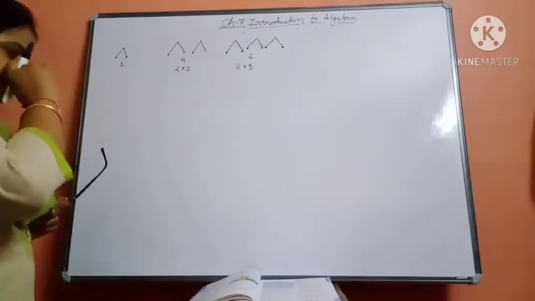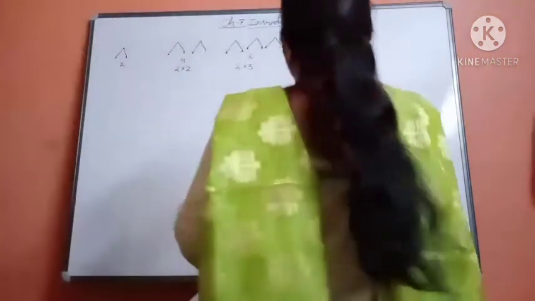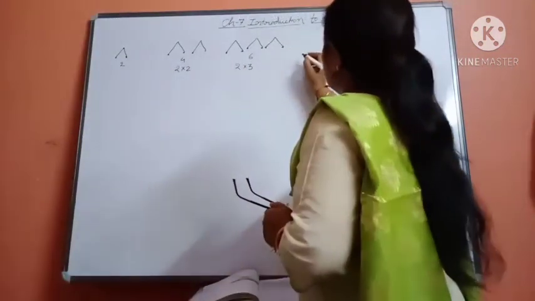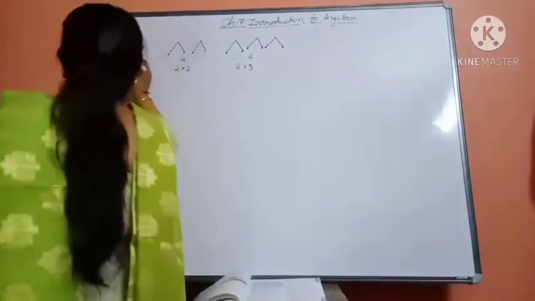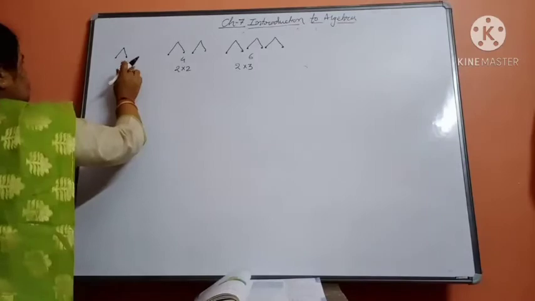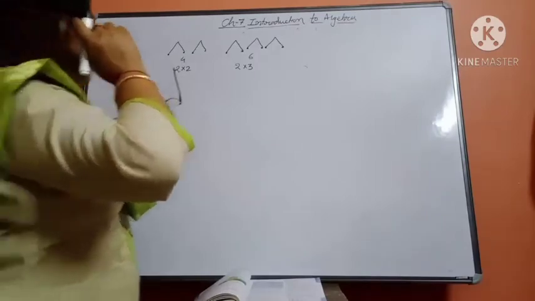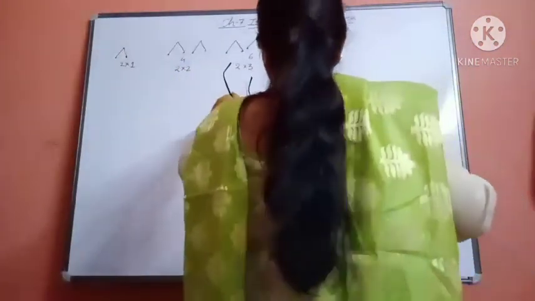In the next pattern, it can be 2 into 1. It means 1 pair of matchsticks, then 2 pairs, then 3 pairs.